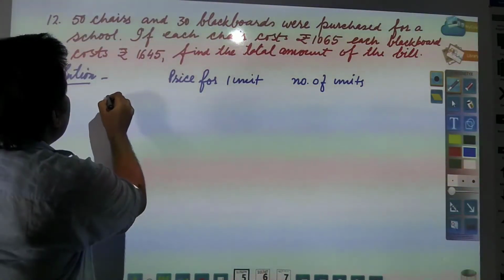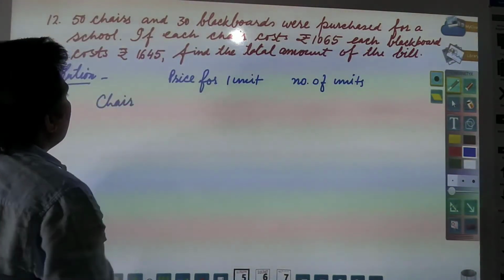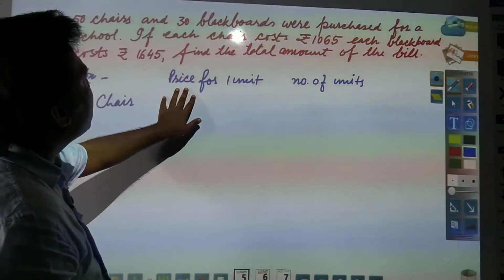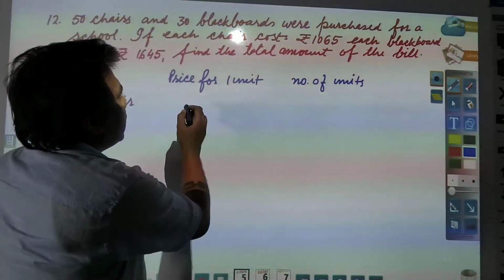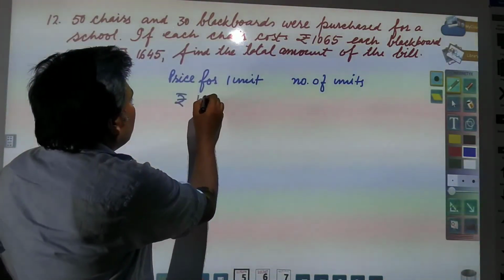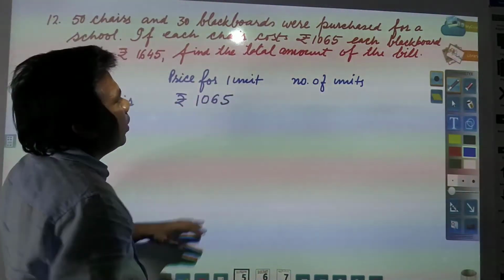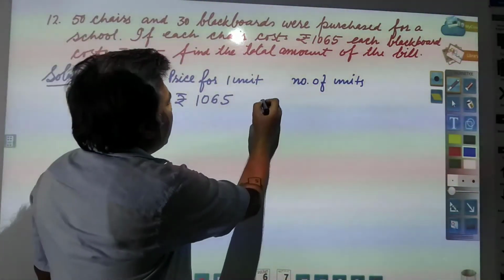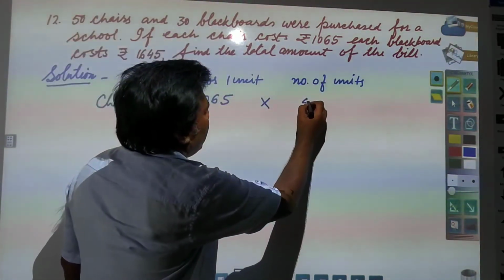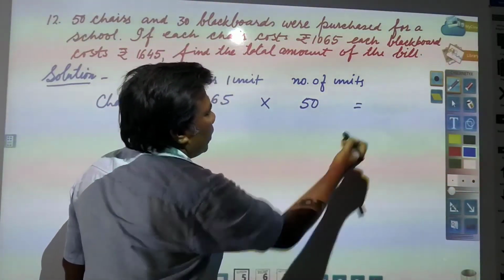So here you see chair. So 1 chair cost how much? Each chair costs 1065. Number of units or number of chairs is how much? 50 chairs. This is required to be multiplied by 50 and we need to write it over here.